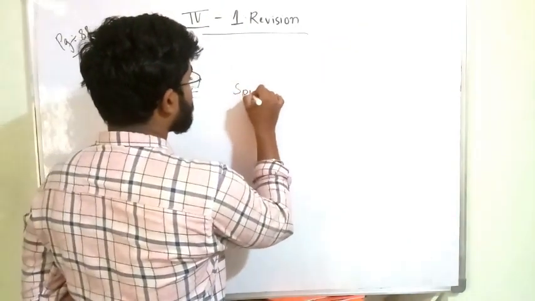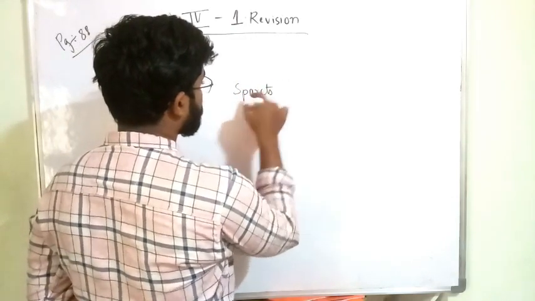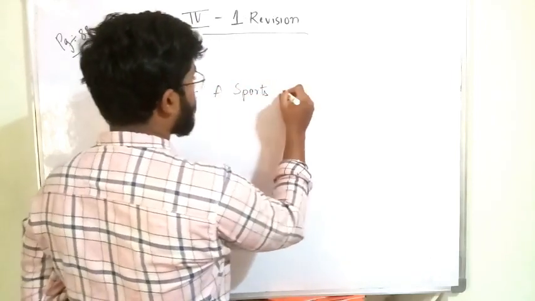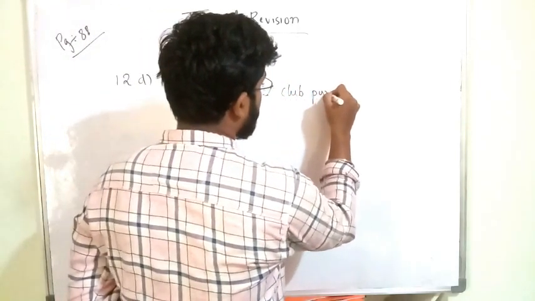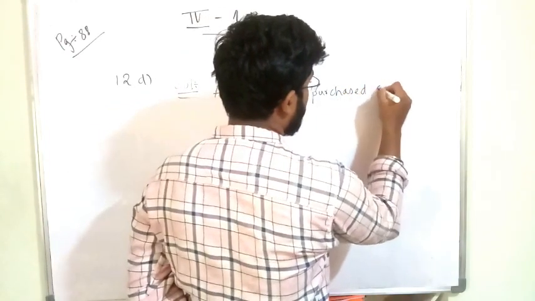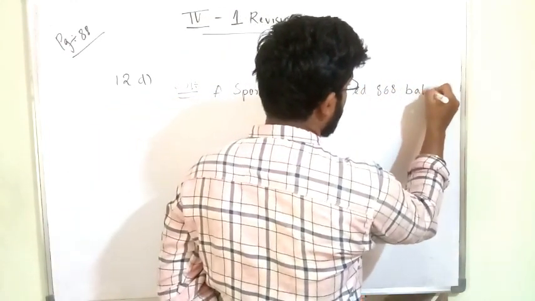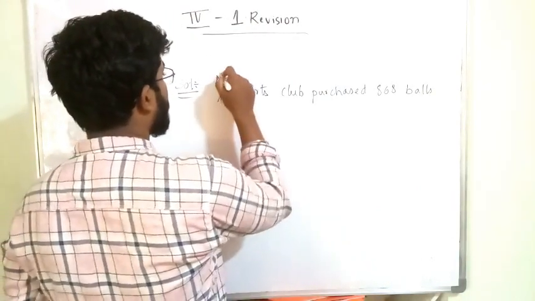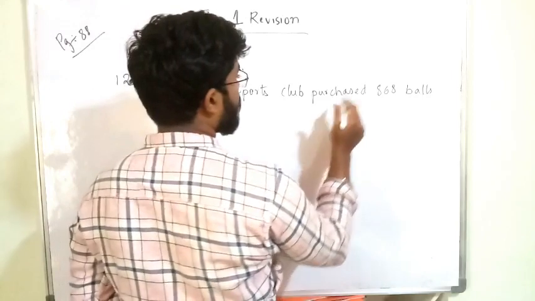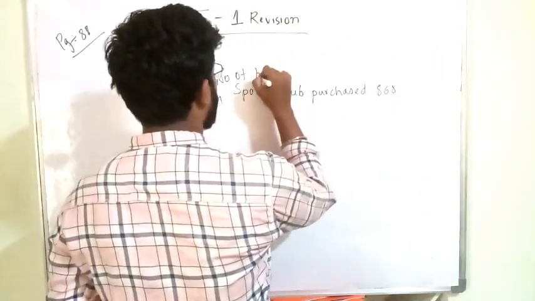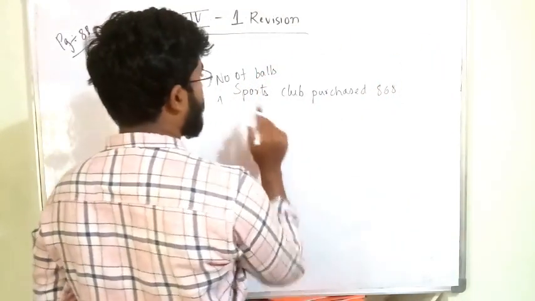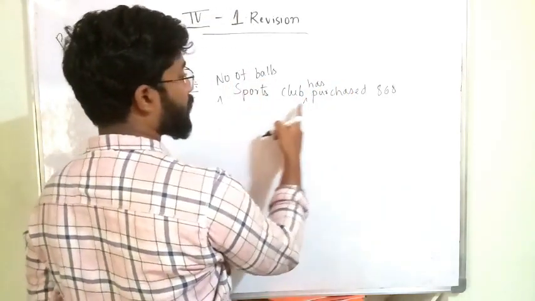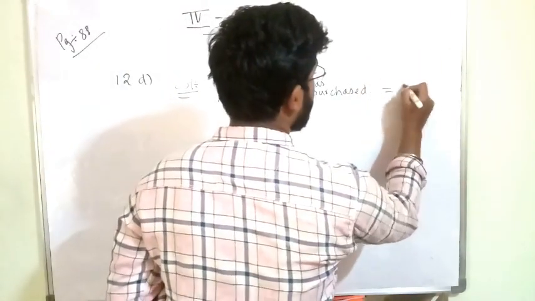Sports club purchased 868 balls. So we can write here, number of balls sports club has purchased equal to how much? 868.